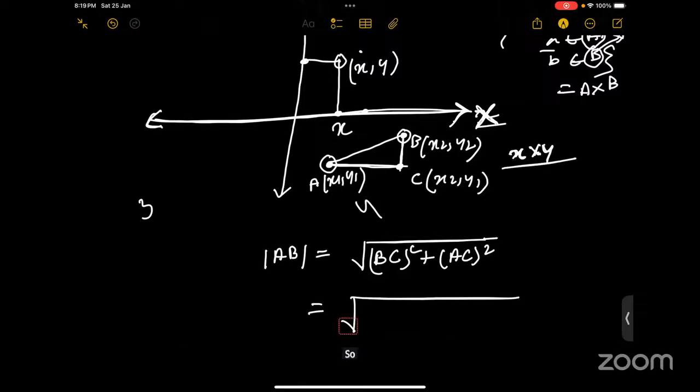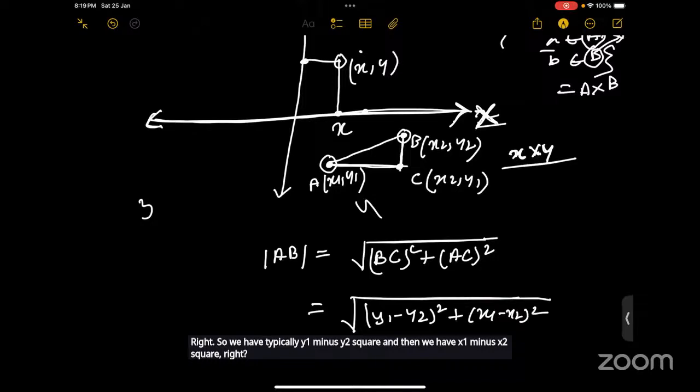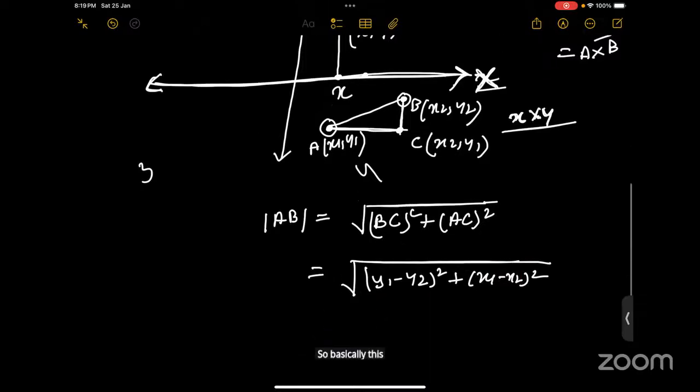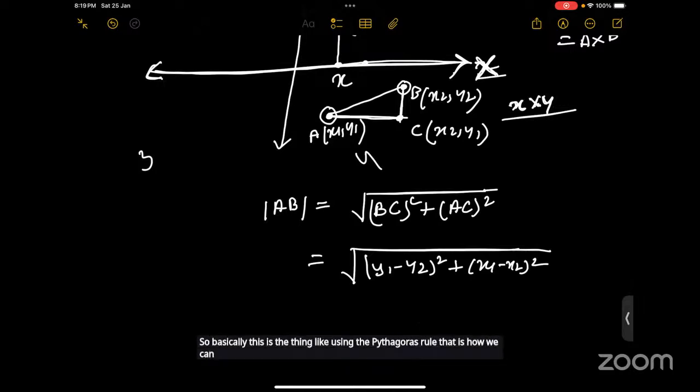So what is the length of BC? y1 minus y2. Right. So we have y1 minus y2 square, and then we have x1 minus x2 square, right? So basically, using the Pythagoras rule, that is how we can calculate the length of any line. That means we can calculate the shortest distance between any 2 points, right? It is clear to all of you, right? Yes, ma'am. Okay.